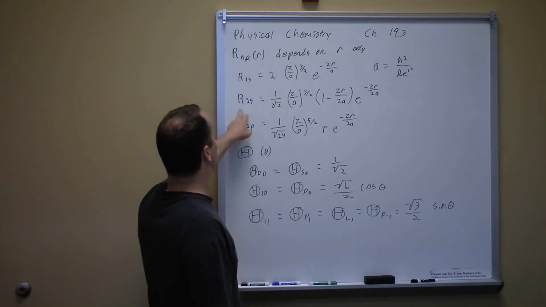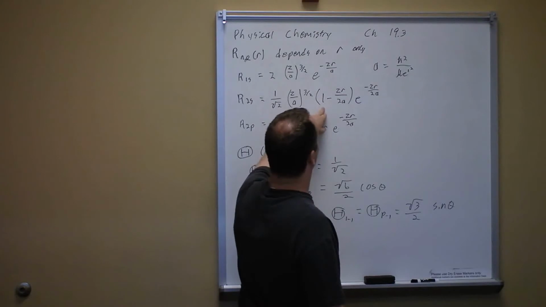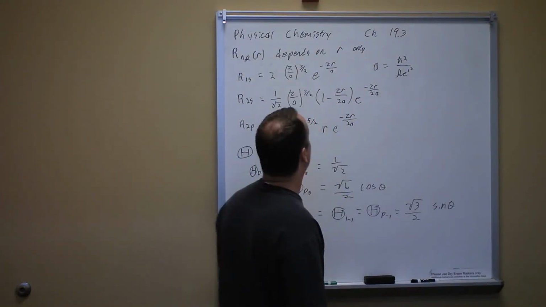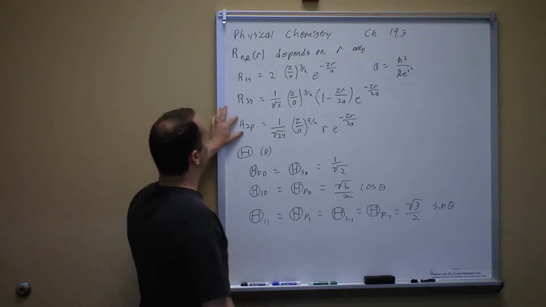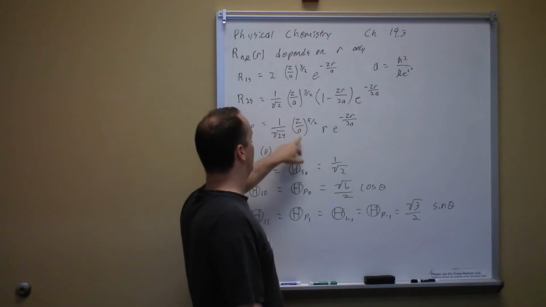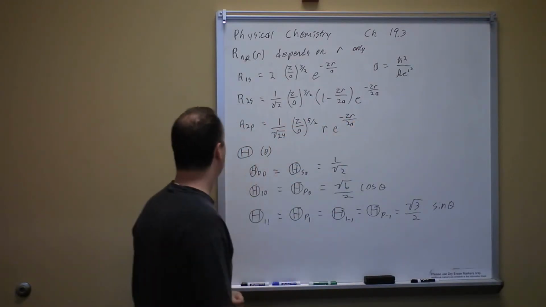Then the R function for the 2s shell is 1 over the square root of 2 times Z over a to the 3/2 times 1 minus Zr over 2a times e to the minus Zr over 2a. And R for the 2p shell is 1 over the square root of 24 times Z over a to the 5/2 times r times e to the minus Zr over 2a.